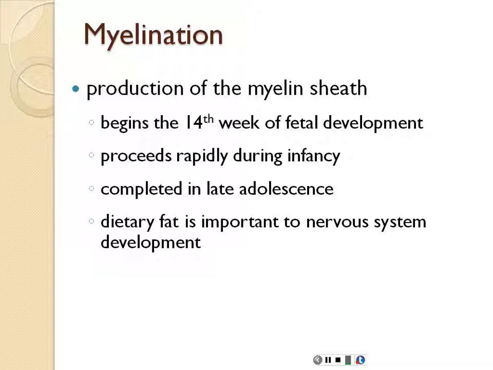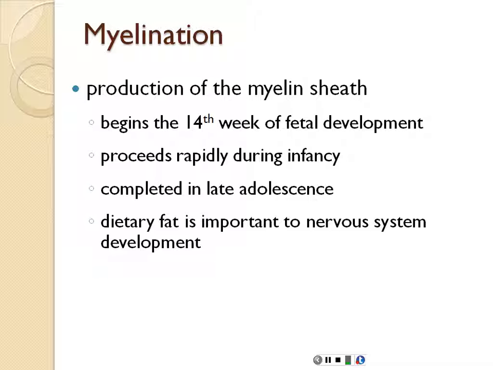Myelination. That word looks like a process, and the process of making myelin is called myelination. Production of the myelin sheath begins during the 14th week of fetal development and proceeds rapidly during infancy, completed at late adolescence.